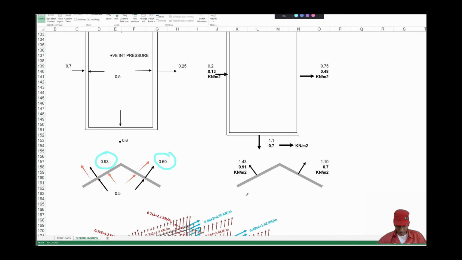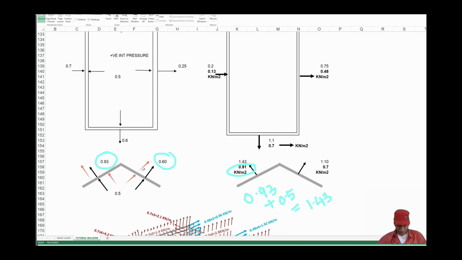For this roof, the effective pressure shall be 0.93 plus 0.5, which works out to be 1.43. This 1.43 shall be multiplied with the design wind pressure to get the actual pressure that the roof will be subjected to.